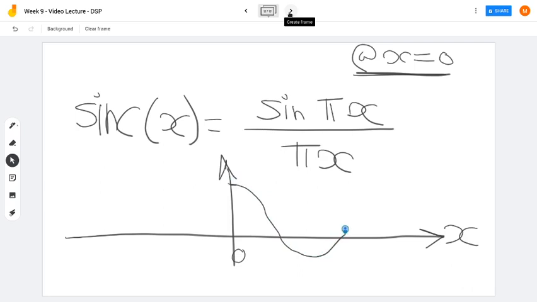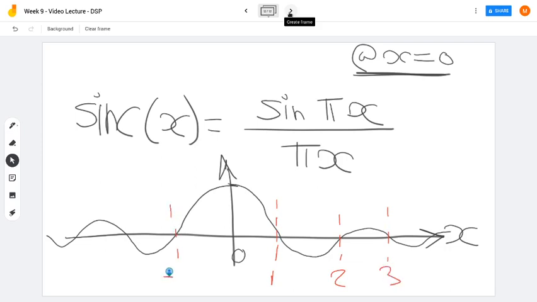The oscillation is happening due to the sine part of the function, this part, sine pi x, and the decaying is happening because we are dividing by x. And the 0 crossings will happen when x is equal to an integer. So at 1 and 2 and 3, and here at minus 1 and minus 2 and minus 3 and so on.